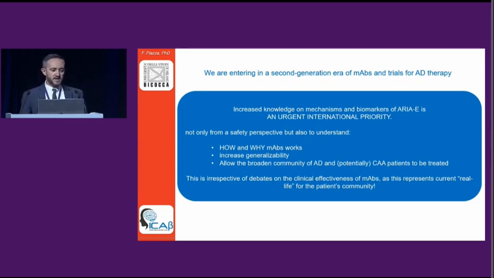Not only from a merely safety perspective, but also to understand how and why these antibodies work, and to increase the generalizability and to allow the inclusion of the broadened community of AD and CAA patients to receive this drug if it is safe and effective enough.